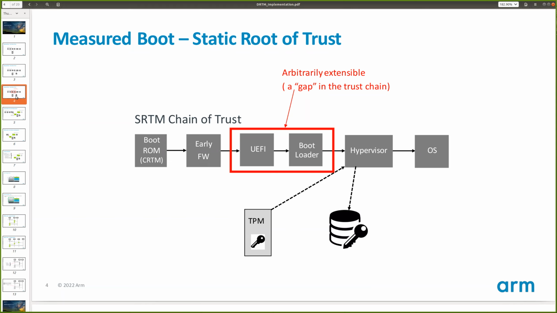In particular, UEFI is arbitrarily extensible, and there are components being loaded and verified, say you have secure boot enabled, that come from option ROMs on PCI cards. You can have loadable EFI programs, and so due to this arbitrarily extensible part of the boot flow, it's difficult to rationalize and ensure that you have security.